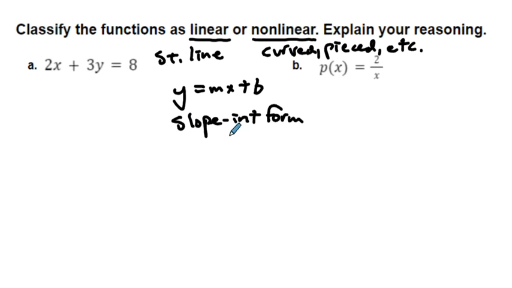Okay, so let's take a crack at this first one here. If we have 2x plus 3y equals 8, and hopefully you remember, if we're going to write it in y equals mx plus b, we've got to rearrange some things. First thing we've got to do is get this 2x over to the other side of the equation.